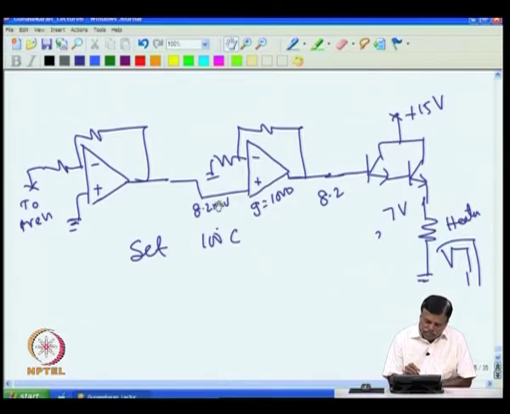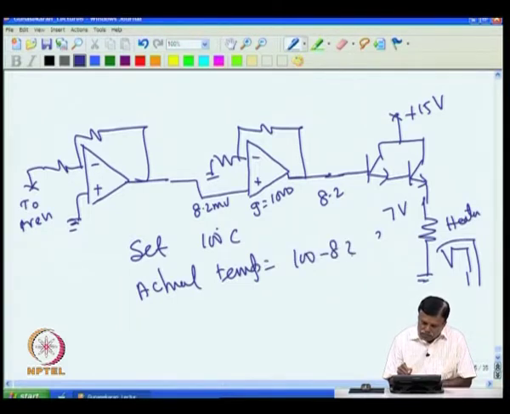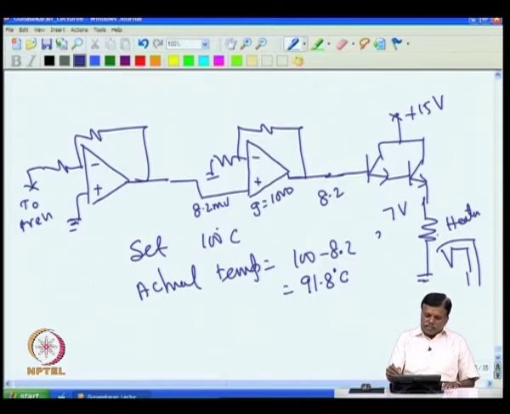That means the actual temperature is not 100, the actual temperature will be 100 minus 8.2, that is 91.8 degree only. That means if I set 100 degree C, the oven will stabilize at 91.8 degree C, which gives a difference of 8.2 millivolt.